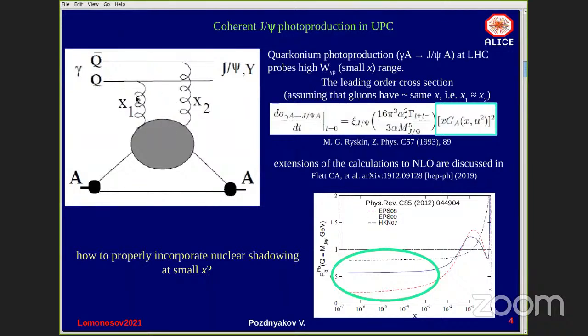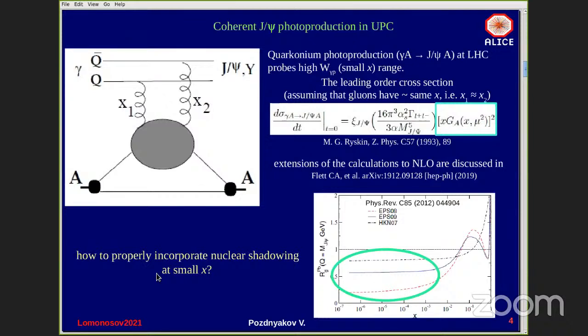We have J/psi exchange by pomeron with another nucleus, and for this process, gamma-nucleus, the cross-section is proportional to gluon density. And the main question: you see calculations of gluon density in lead ion for the mass of J/psi, and you see how different they are from each other.